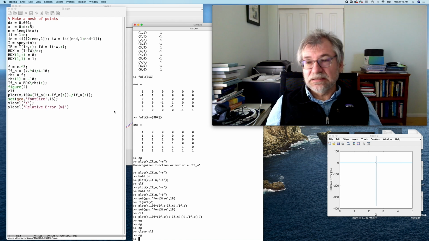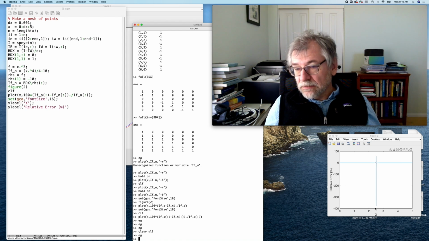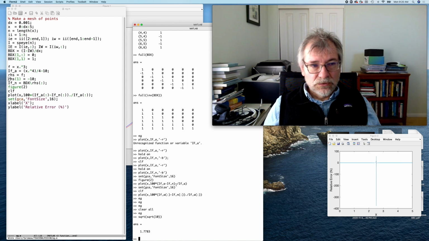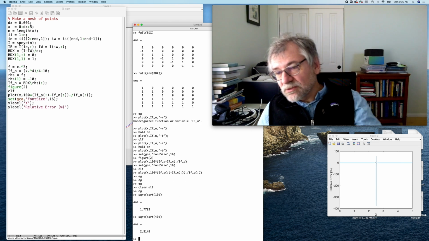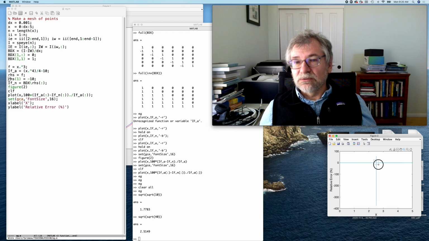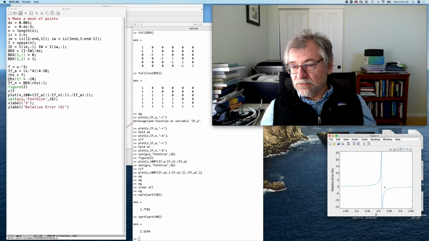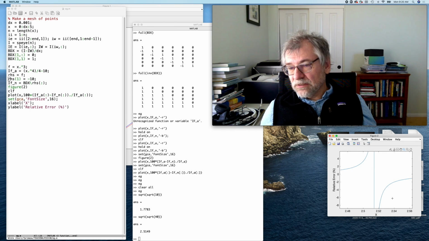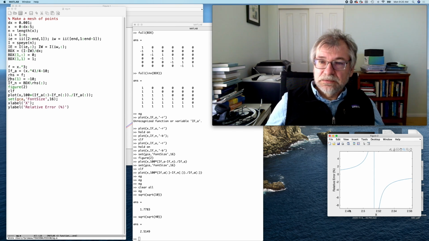Sorry, not at minus 10, so should be 40, sorry, 2.5, so around 2.5149 in the middle here, the function, the integral, is equal to 0. The indefinite integral is equal to 0. So when I take the relative error, I'm dividing by 0. And that's why the error kind of blows up around this point.